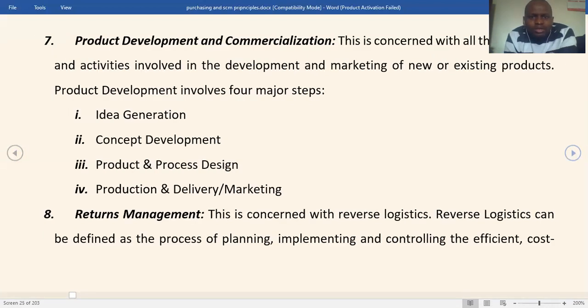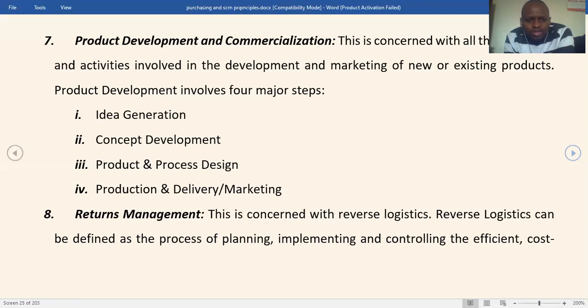The other one is product development. This is concerned with all the processes and activities involved in developing and marketing new or existing products. These may include various steps like idea generation, concept development, product and process design, production and delivery, and marketing. The other one is return management. This is concerned with reverse logistics.